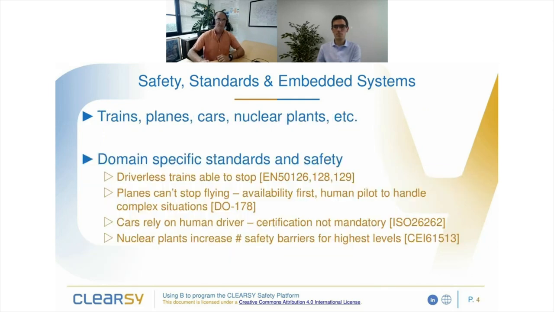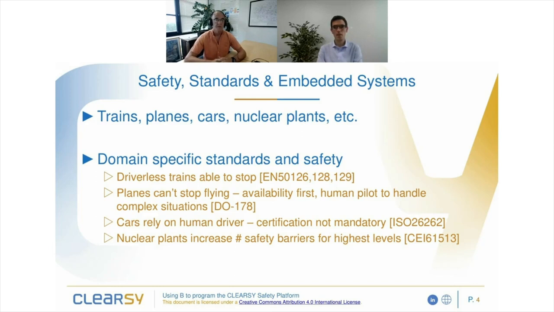So this is the story. And we have different domains: trains, planes, cars, nuclear plants, etc. All these domains have specific standards, safety concepts, and so on. So, for example, driverless trains are able to stop, but planes can't stop in the sky. So you need to put constraints on availability and to have a human pilot able to handle complex situations.